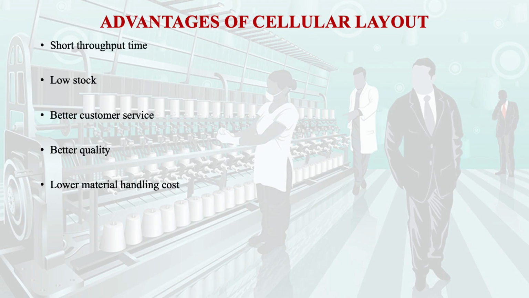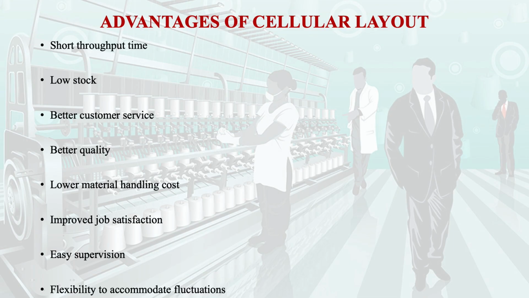Lower material handling cost: since each part family is dedicated to each machine cell, there is less material handling. We have job satisfaction, we have easy supervision. Similarly, we have a flexibility to accommodate fluctuation.